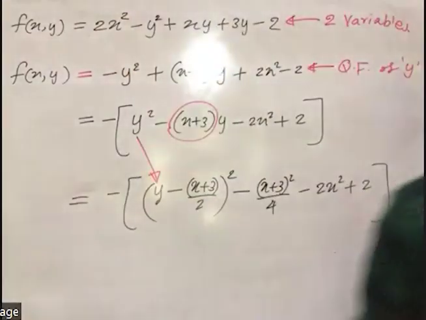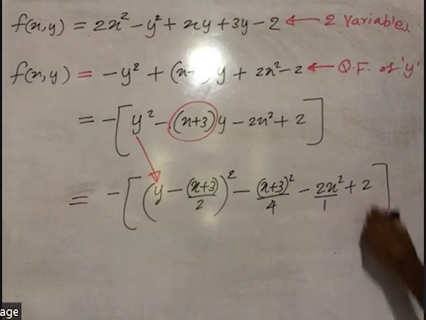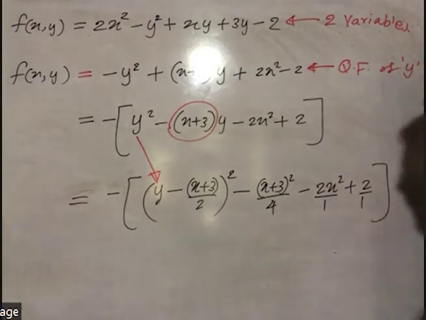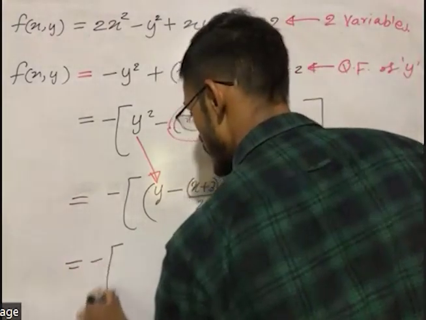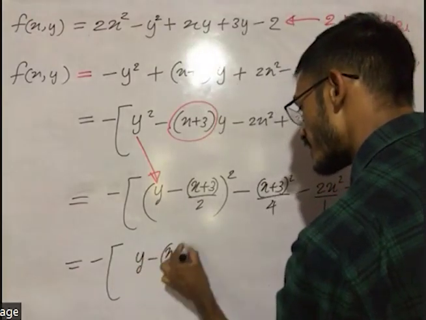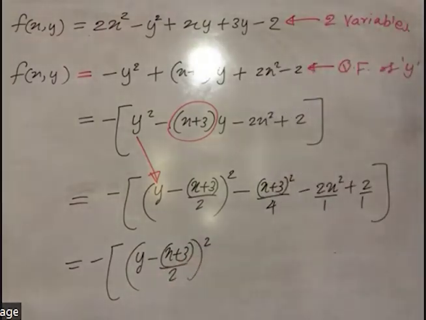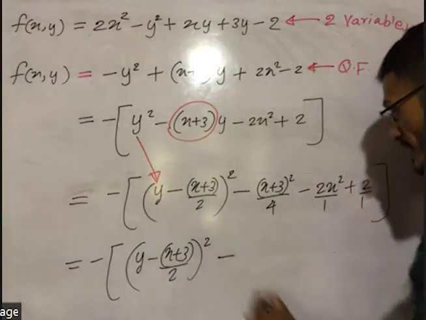Now let's simplify this. Here the denominator is 1, here also the denominator is 1. Then this is equal to −[(y − (x + 3)/2)² − ((x + 3)² + 8x² − 8)/4].